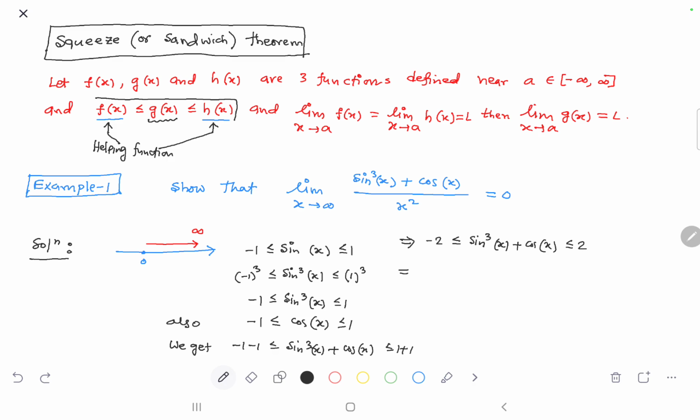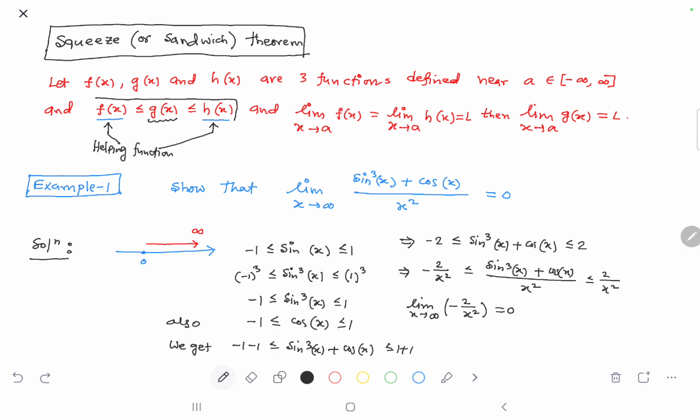Right. So it will be -2 divided by x square less than or equal to sin cube x plus cosine x divided by x square less than or equal to 2 by x square. Now see, for this function's limit, as x tends to infinity, -2 by x square is 0.